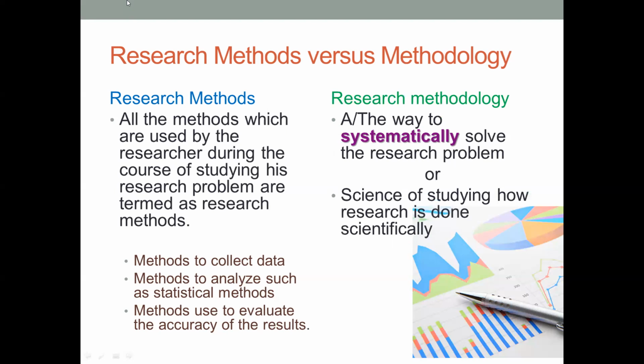Research methodology means a systematic way of solving a problem or a research. Or in another way, it could be said to be the science of studying how a research is done scientifically, systematically, methodically. That is called research methodology.